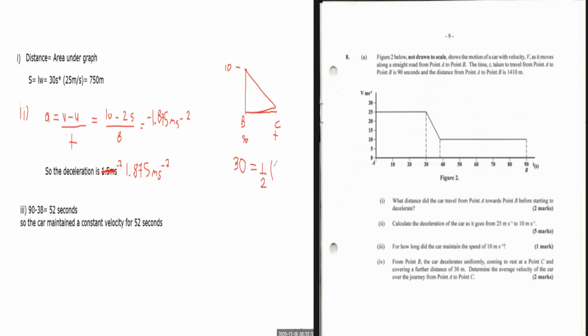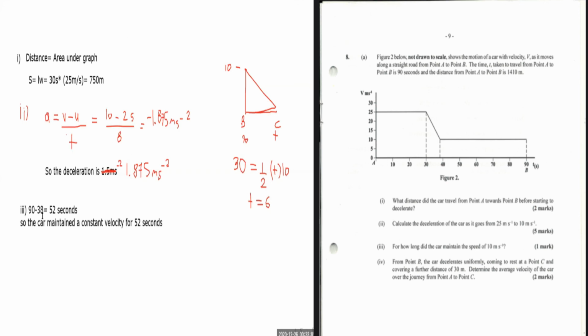Or let's just call that distance t for now. So it's half base times a height of 10. So what does that tell us? A half of 10 is 5. So 5t, and so t equals 6. So if t equals 6, that means it takes 96 seconds in total to complete the full journey.